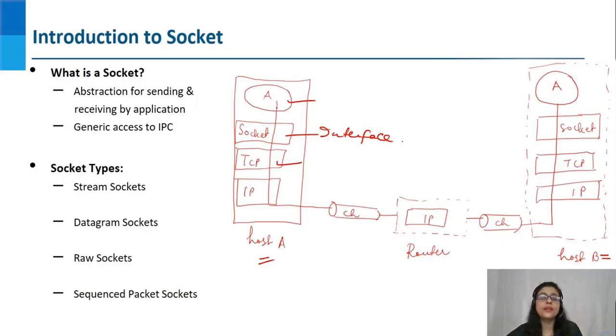So the packet from the application layer comes to the TCP layer through the socket, and it moves through the channel, and it can pass through a router and then can go to the host computer. Again, it moves from the IP layer, then the TCP layer. Again, it comes to the socket and then moves to the application layer.